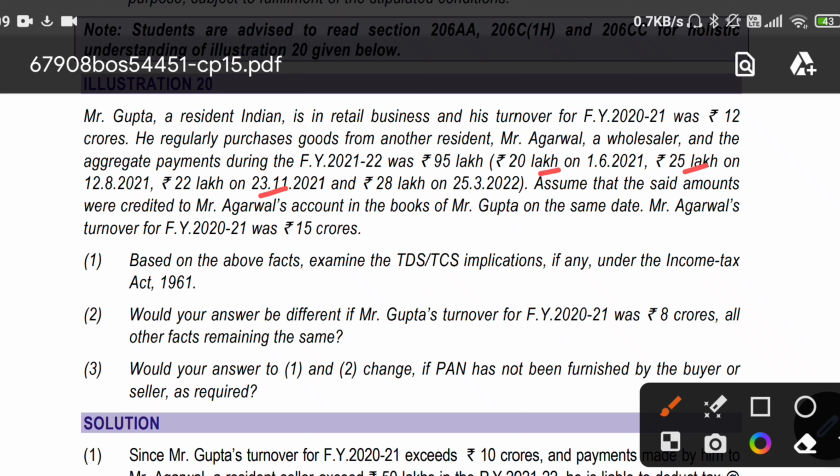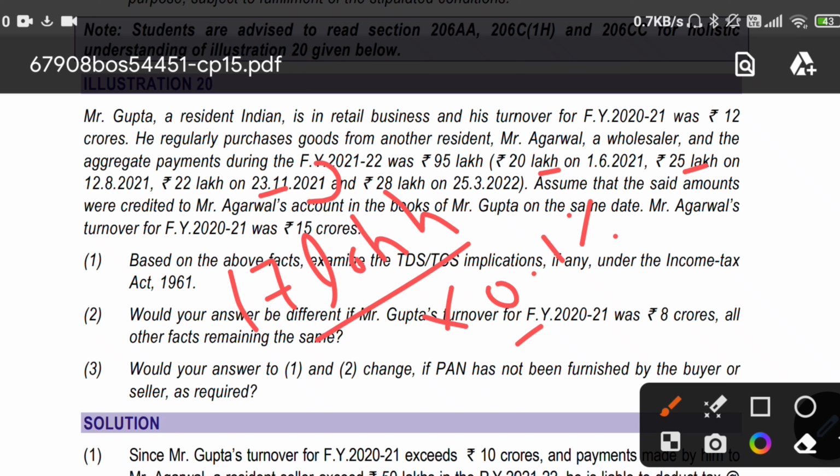So plus 22, 67 lakh is the total purchase up to 23 November. So we have to deduct TDS on the excess of 50 lakh, that is 17. On 17 lakh into 0.1%, TDS will be required to be deducted. So 0.1%, that is 1,700.